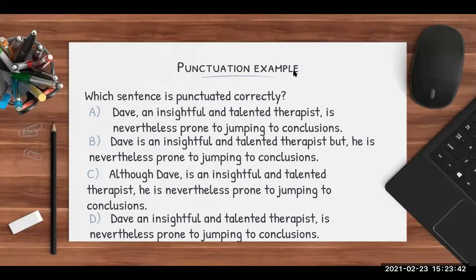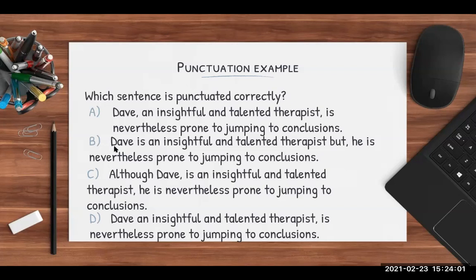So here we have an example question on punctuation. So the question asks, which sentence is punctuated correctly? We have A, "Dave, an insightful and talented therapist, is nevertheless prone to jumping to conclusions."